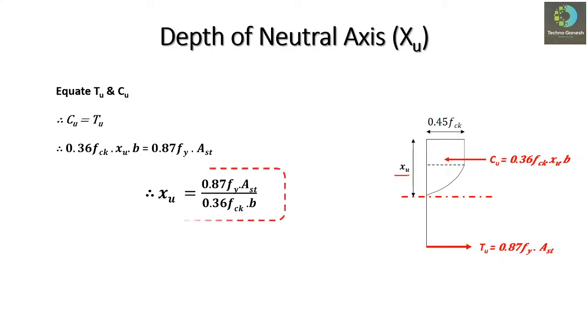By using this equation, we can calculate the actual depth of neutral axis for a section whose grades of materials and dimensions are known. For example, if you know the section sizes, that is the width and depth of the section, and the grade of steel and grade of concrete used for that section, you will be able to calculate the actual depth of neutral axis for that section using this equation.